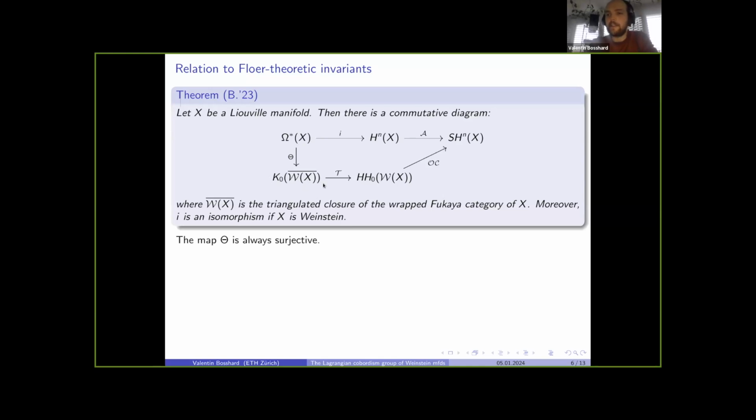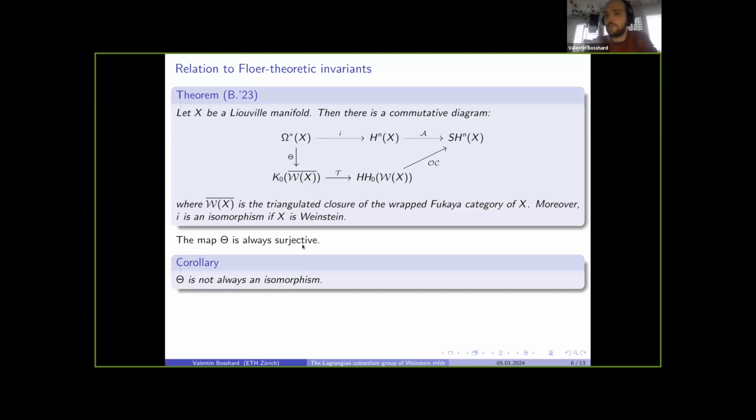In the examples that we had until now, the ones for surfaces that I showed you before, this map was always an isomorphism. But it was not known if it's always an isomorphism in all cases, and the answer is that it's not true, because using this theorem here, I can now give an explicit example.